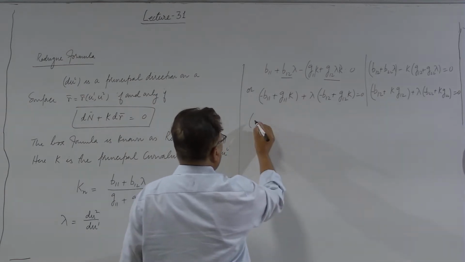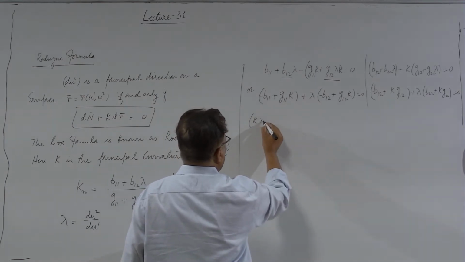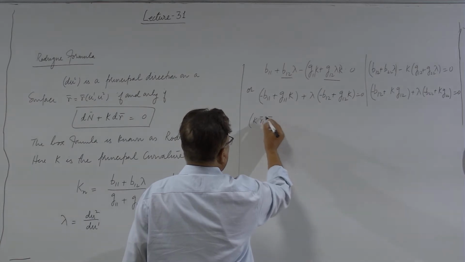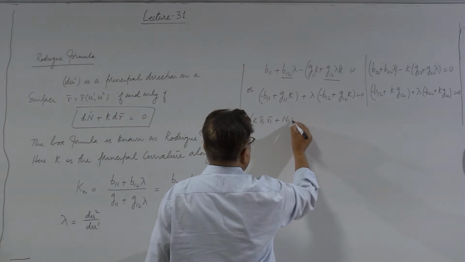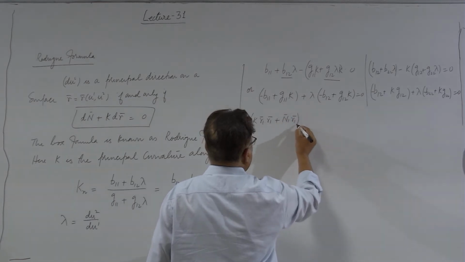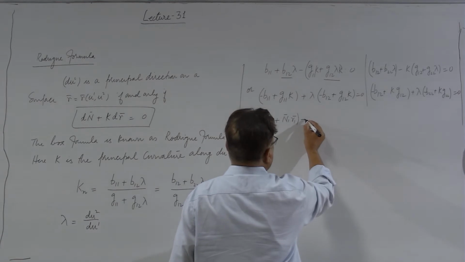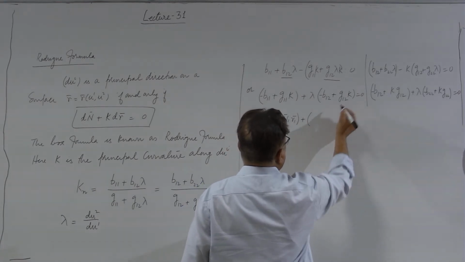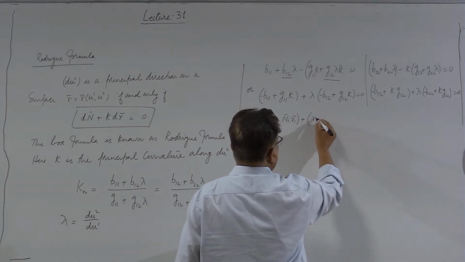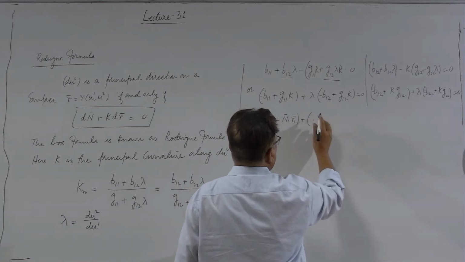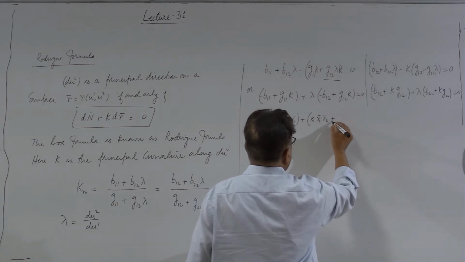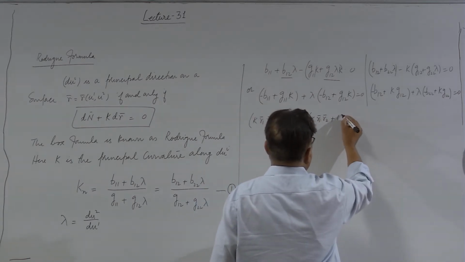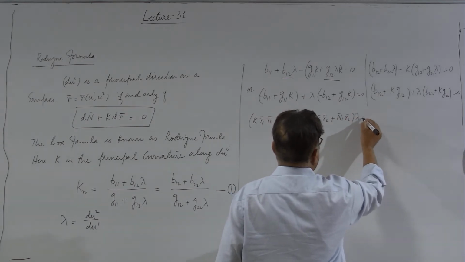So, G11 means k times R1 dot R1 and now it will become plus N1 dot R1, plus lambda times k times R1 dot R2 plus N1 dot R2, equal to 0.